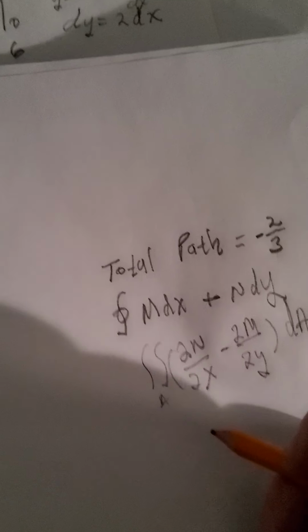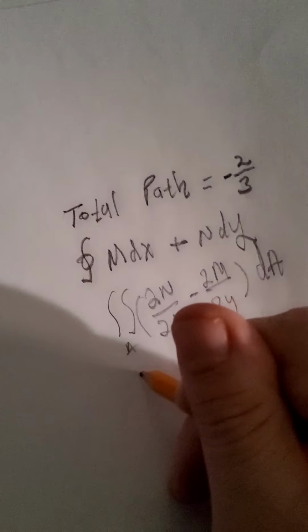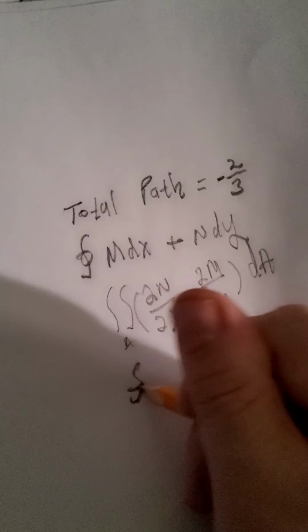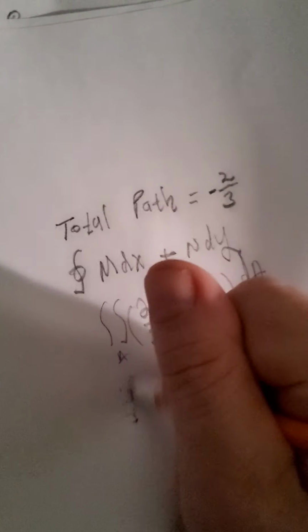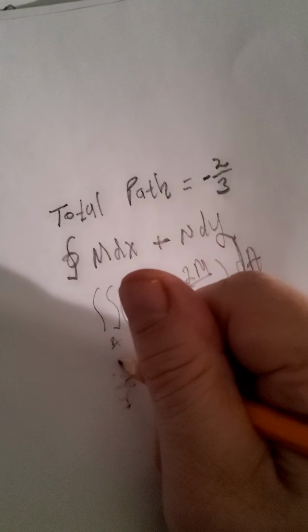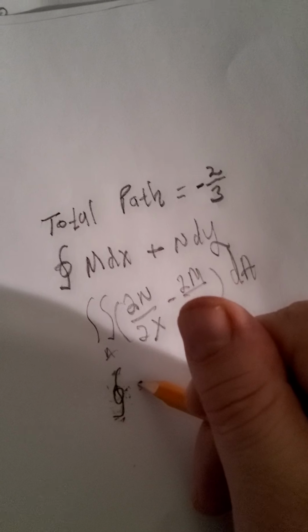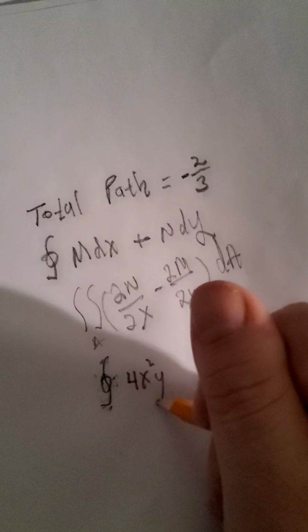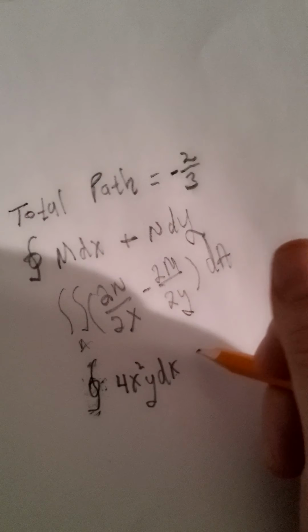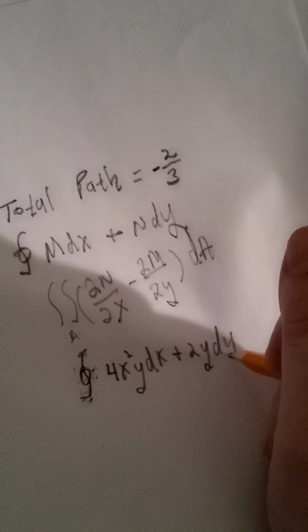Okay, rewriting my original function, which is the integral along a closed path of 4x squared y dx plus 2y dy.